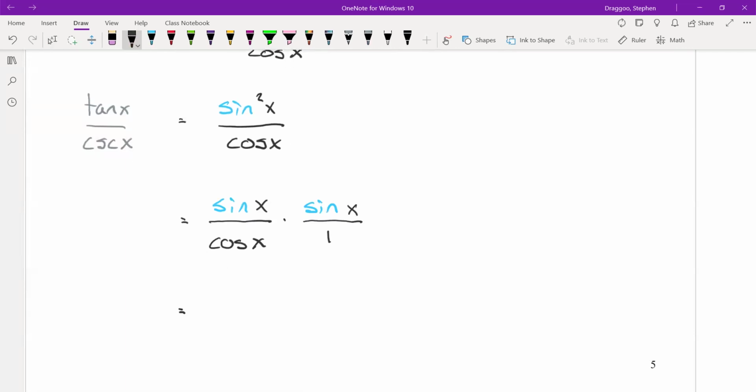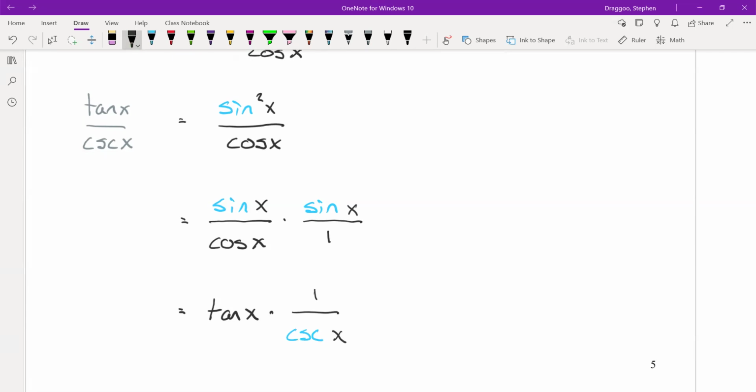But sine over cosine is tangent. So I've got the first part of my equation correct, the first factor, right? And then I need a 1 over cosecant, or a reciprocal of cosecant. And a reciprocal of cosecant is sine. So sine x over 1 is the same as 1 over cosecant x.